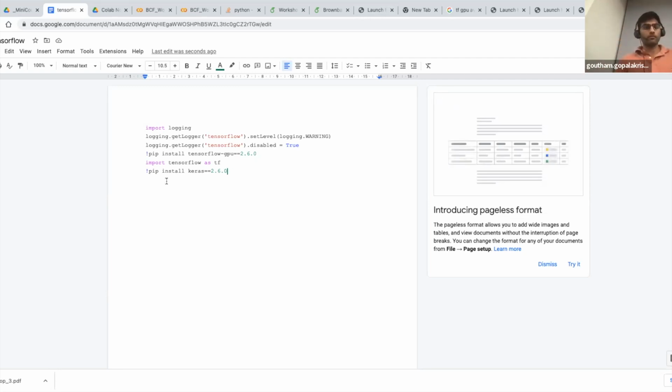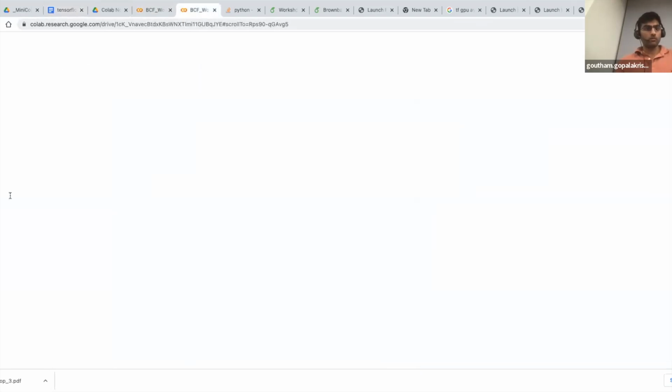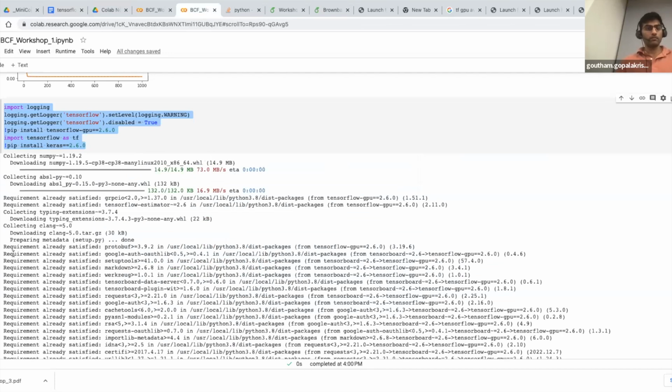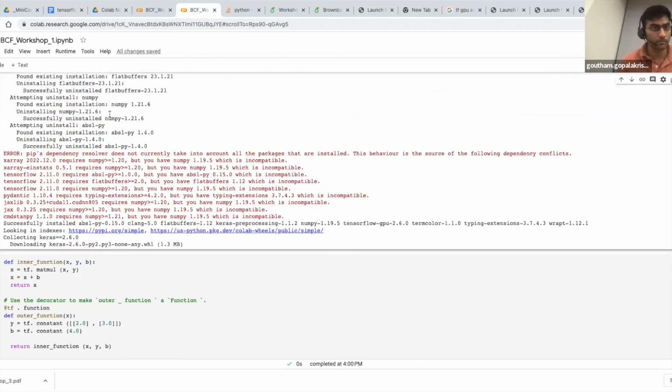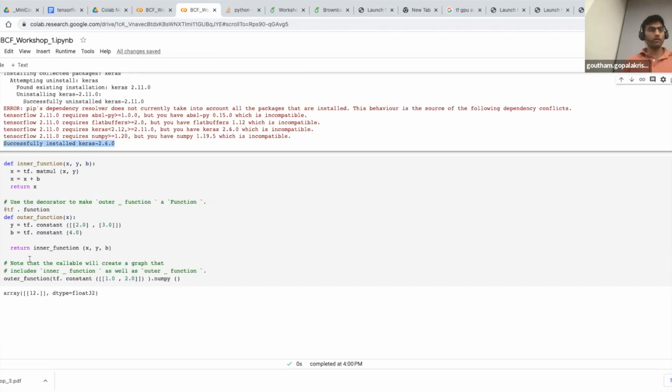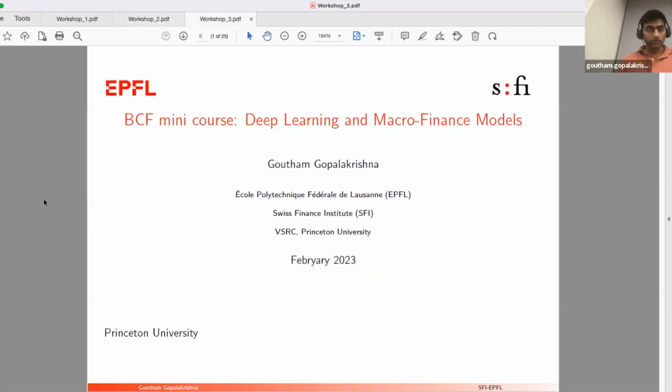And you also want to install Keras. Be specific with the version. If not, it's going to install some other version, and it's too painful. You will see lots of stuff like this. And finally, it will say successfully installed Keras, and somewhere also successfully installed TensorFlow. Then I just want you to play around with the function that I have in the slide, just to see how TensorFlow works.